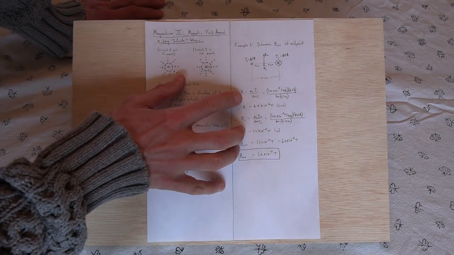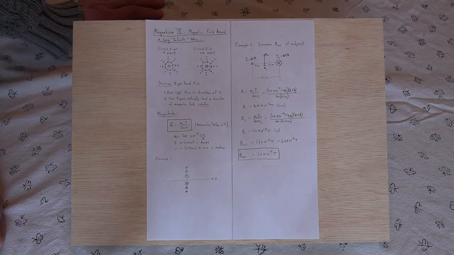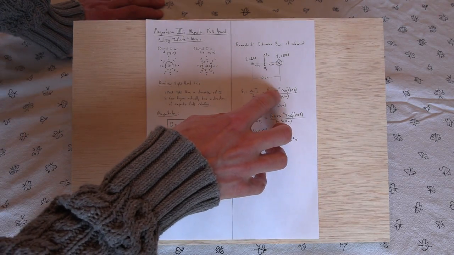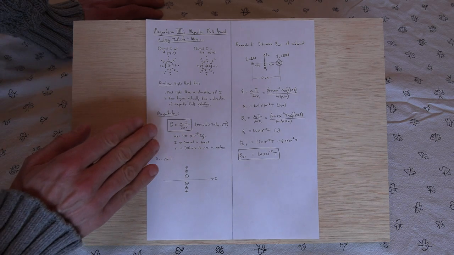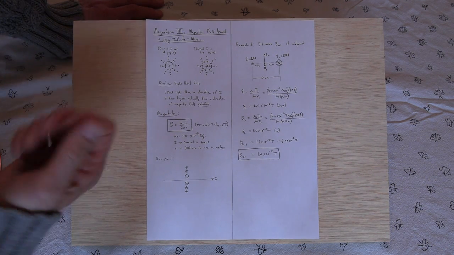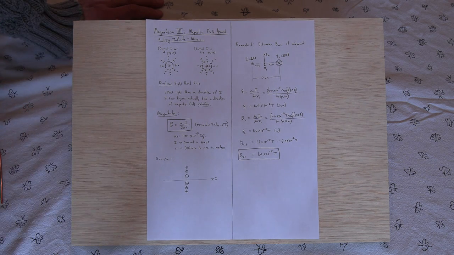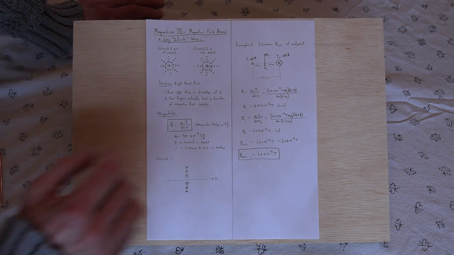So I use the formula from over here, B equals mu 0 I over 2 pi r, and I plug in mu 0, the 4 pi times 10 to the minus 7th. That's not on the reference table, by the way, because this is a little bit beyond the Regents curriculum. I'm putting it in here just to round out magnetism so we get most of the main topics in our studies.